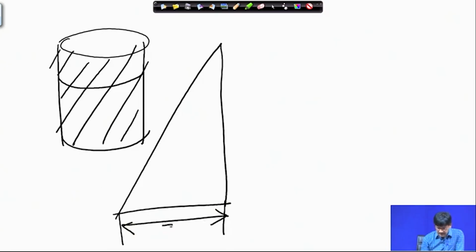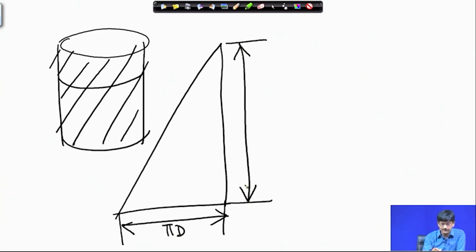So, this is pi d, and this is given a name, lead. You must have noticed that we were saying the multiple start threads. If we move like this, the distance between similar successive points will be equal to lead, and this is alpha, and this is given to us. If it is not given, it can be calculated from the other values.